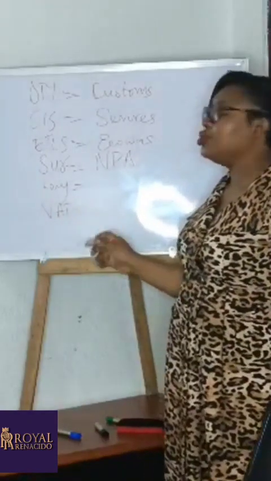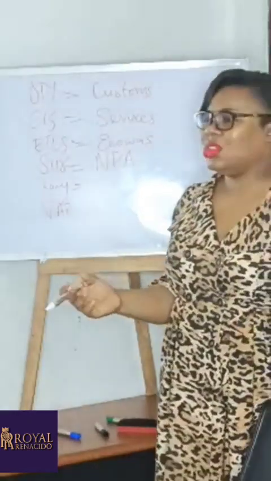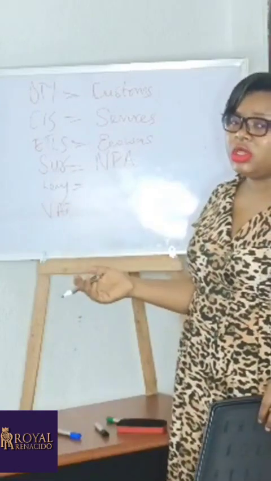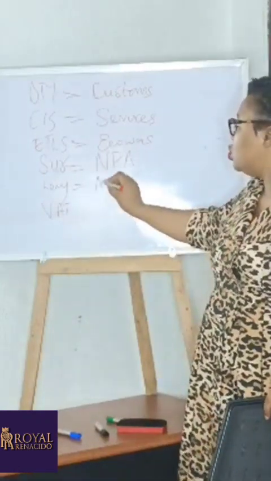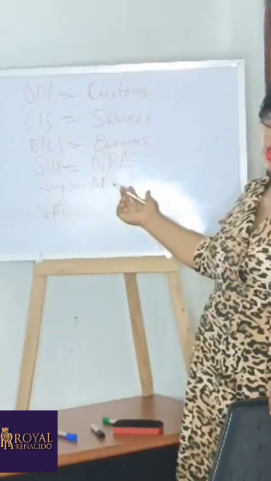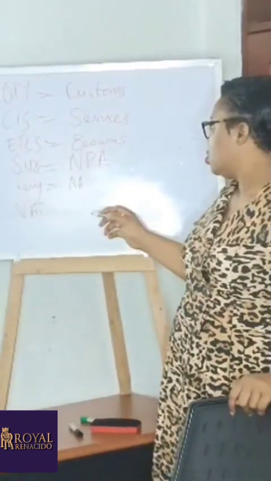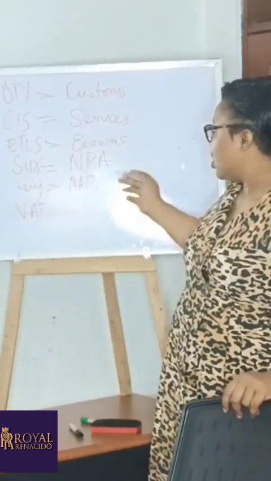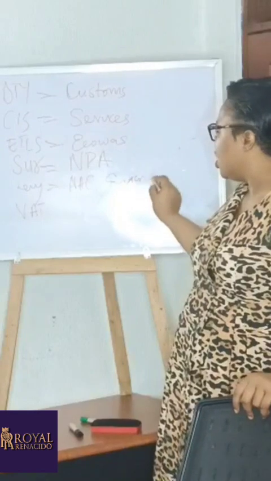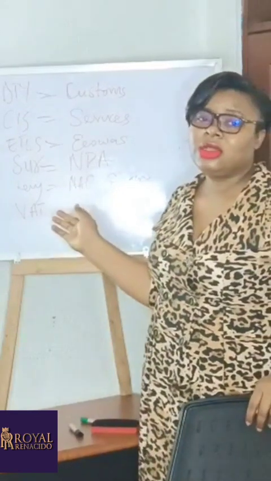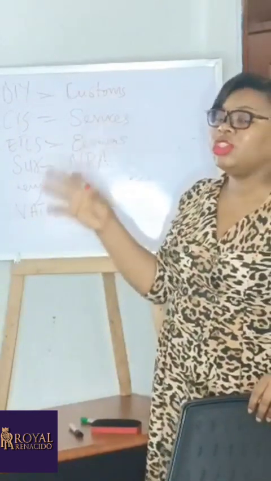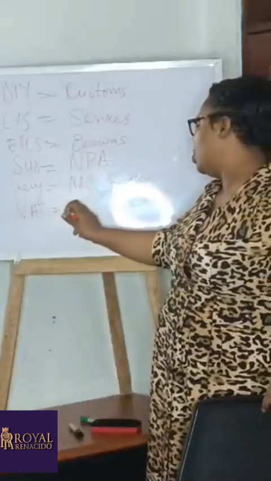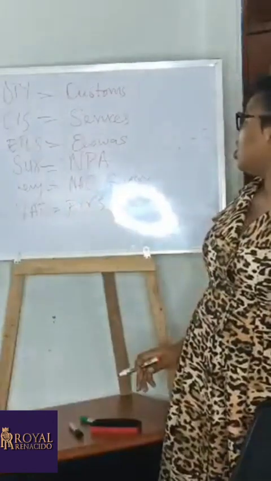Now, levy goes to different bodies. It depends on what goods you're bringing in. For vehicles, it goes to NAC, the National Automobile Commission. Then sometimes sugar companies too. If what you're importing is levied, then we have the VAT, which goes to the FIRS.